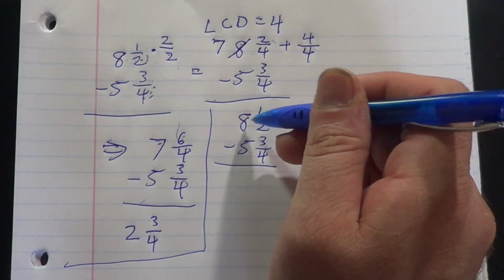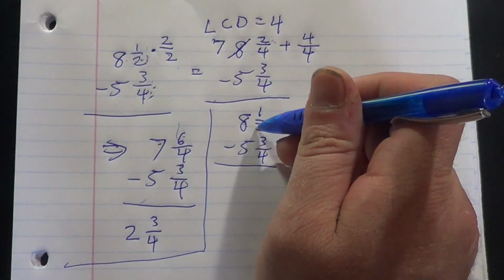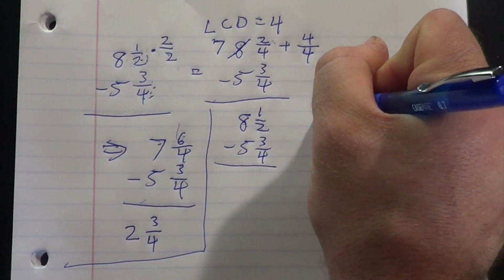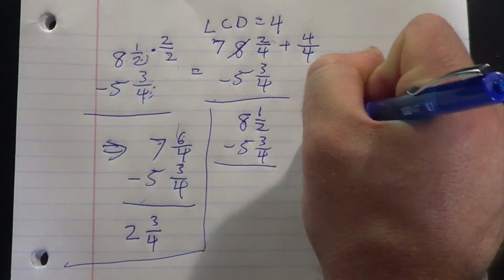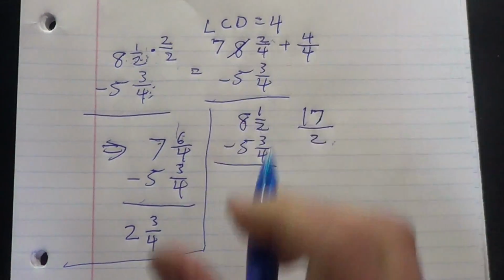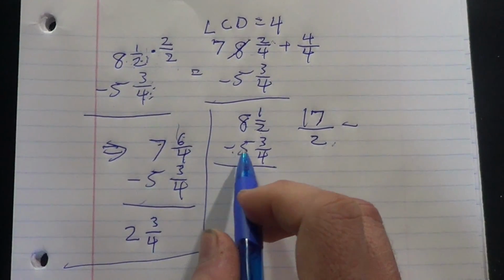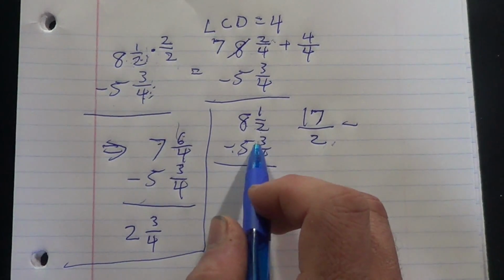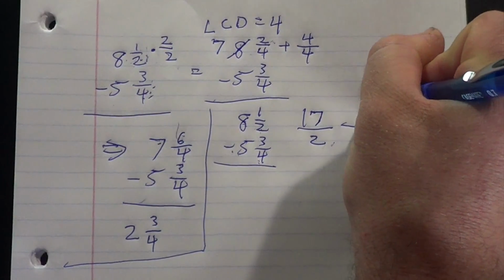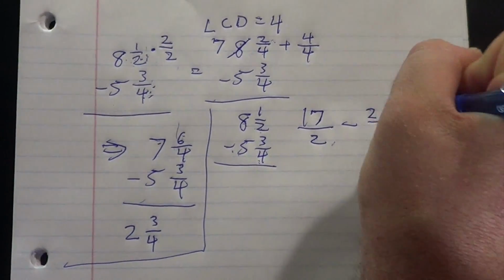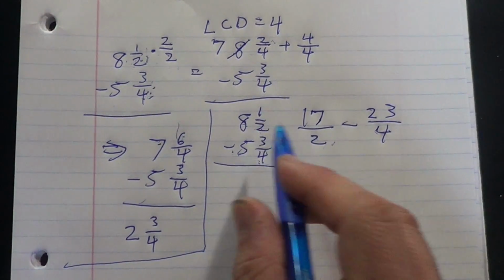So what we do is we do 8 times 2, which is 16, plus 1. So that's a 17. 17/2. And we're going to subtract that off from, well, 5 times 4 plus a 3. That's 5 times 4 is 20 plus a 3 is 23. So 23 over 4. See, the denominators stay the same right here.